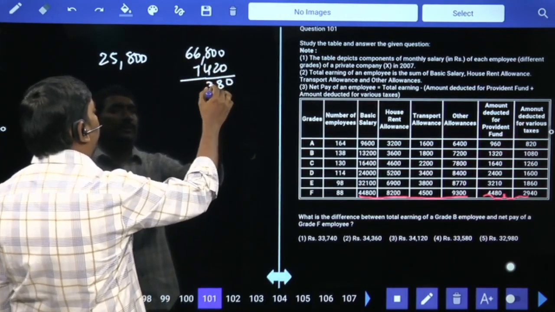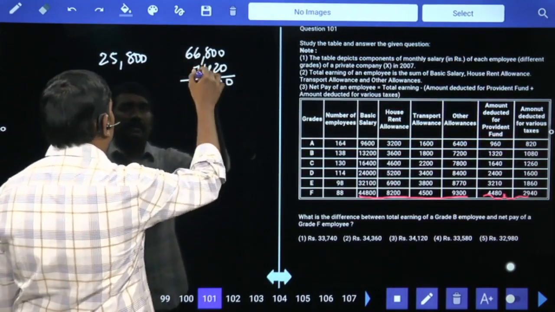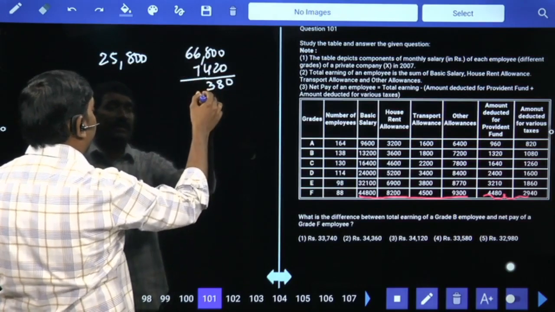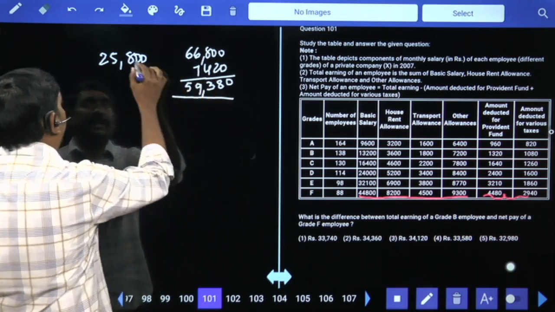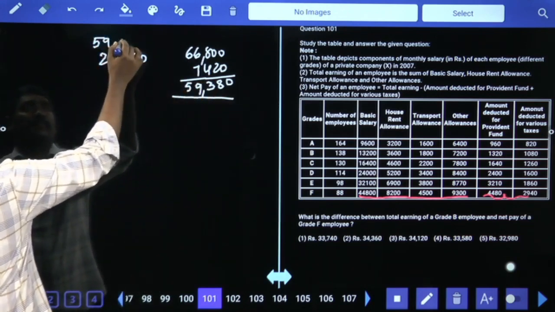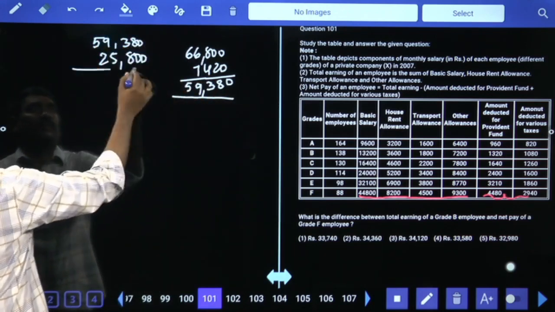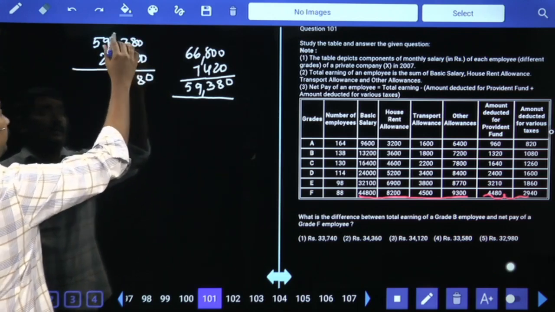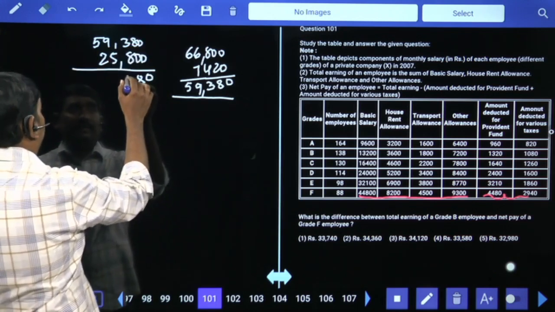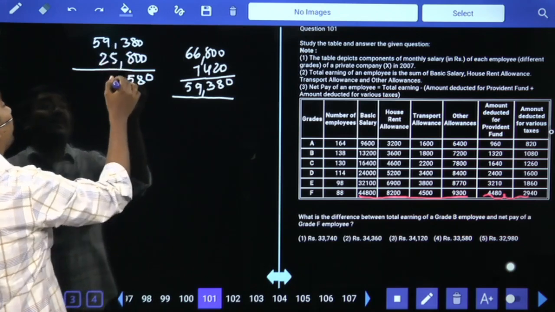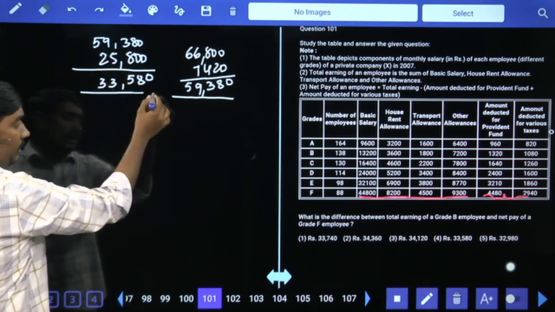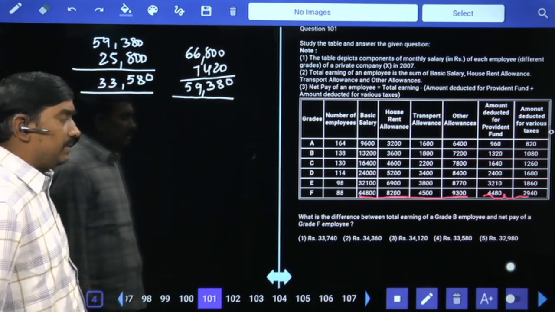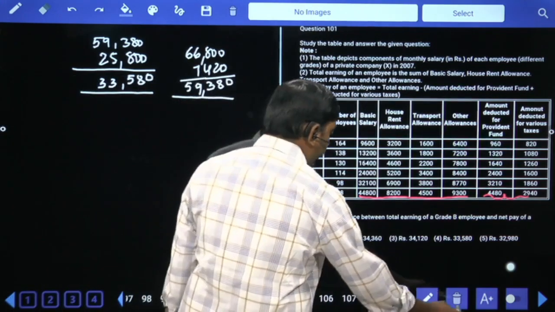So 59,380. Then 59,380 minus 25,800 is 33,580. That is your answer, fourth option.